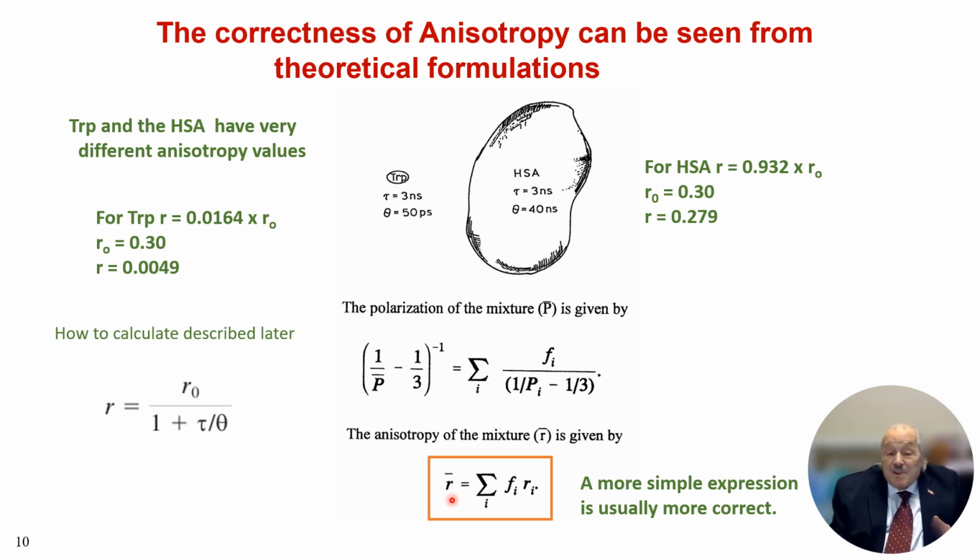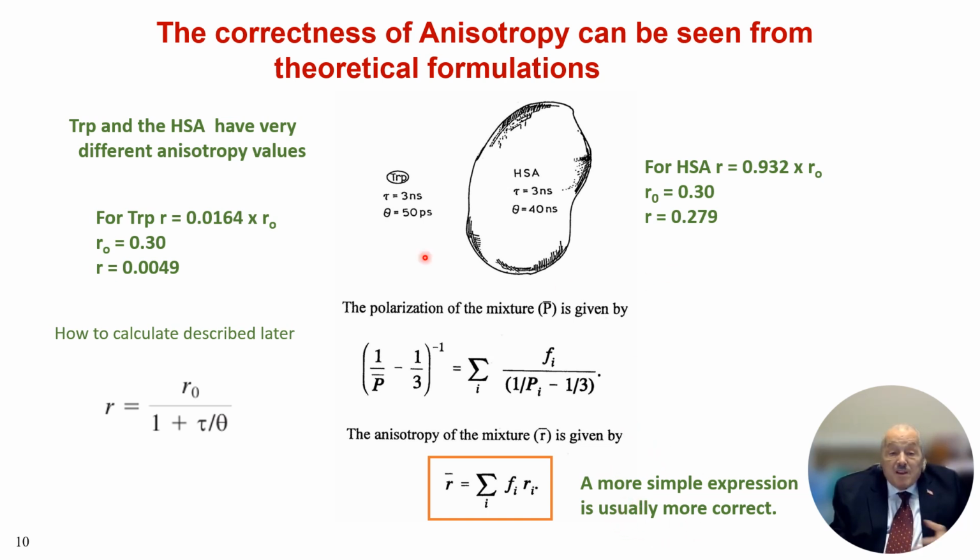The anisotropy that you observe is equal to the sum of the fractional intensities and the anisotropies of each component. So you get the fractional intensity from this one, fractional intensity from this one, the anisotropy from each, and you add them together. And I think it's generally true in science, maybe it's not generally true, but in my experience it is, that the simpler the expression, the higher the probability that it's the correct formulation.